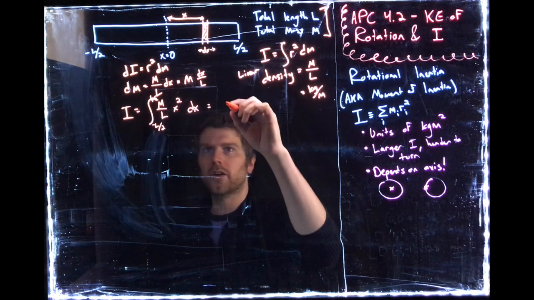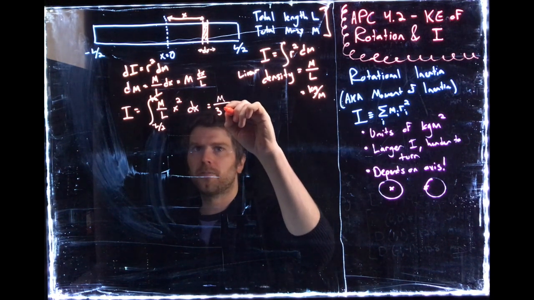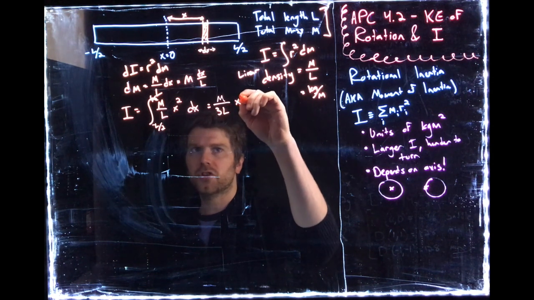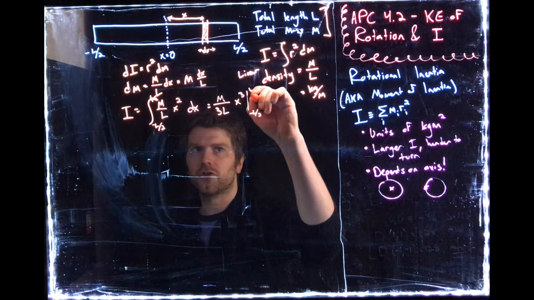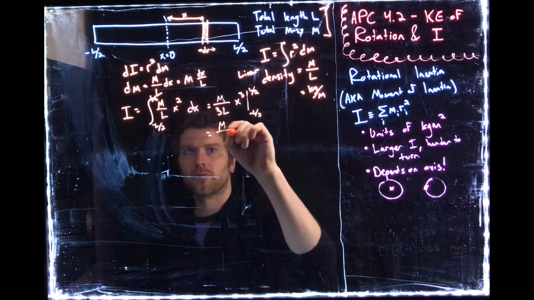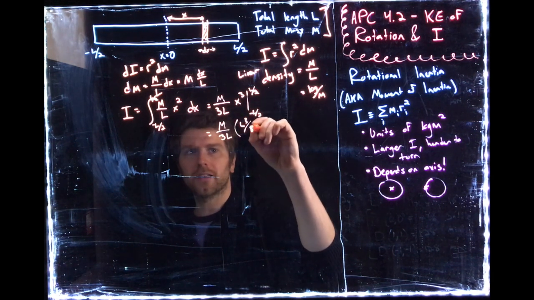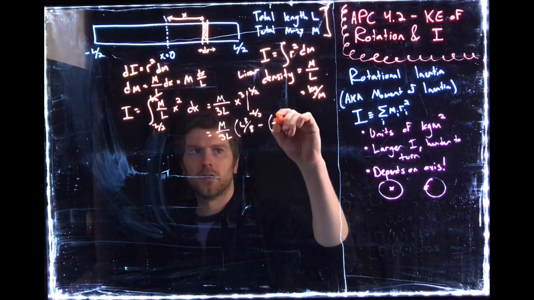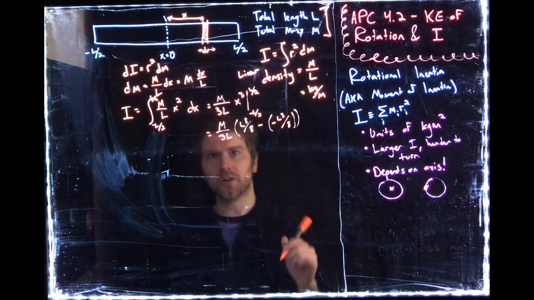Well, x squared, I know how to do that. That's 1/3 x cubed, evaluated from negative L over 2 to L over 2. So this is going to give me L cubed over 8 minus negative L cubed over 8. So that'll actually be a plus.